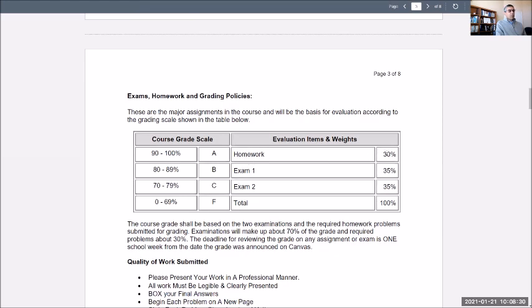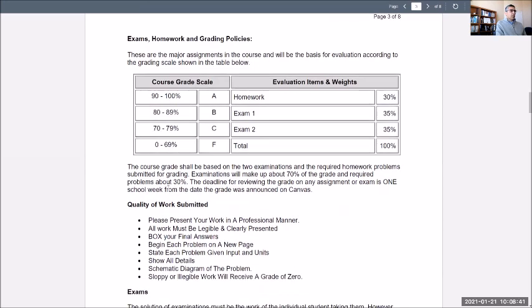Homeworks are weighed at 30%, exam 1 at 35%, and exam 2 at 35% to make a total of 100% of your course grade. Your assigned grade is going to be based on the following scheme. 90% and above is an A, 80% and above is a B, and 70% and above is a C. And I know everyone here is trying to stay within an A and B, so let's make sure we work towards that.